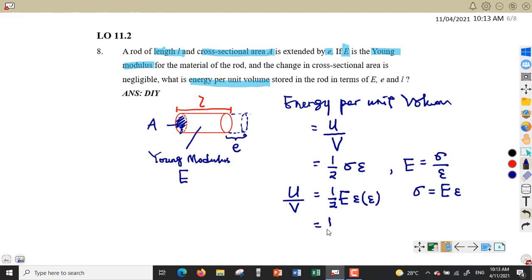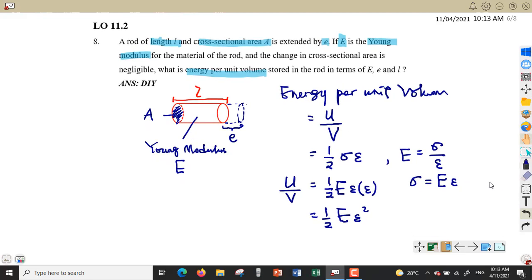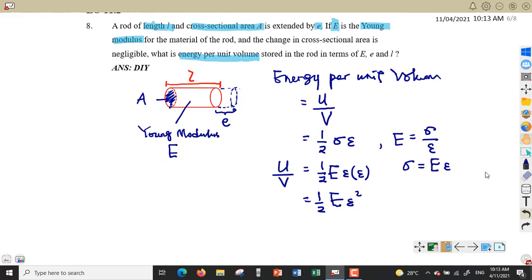So I'm going to have half E strain squared. But then I need to put it in terms of extension and also the length. So I'll try to relate the strain with the extension and the original length.